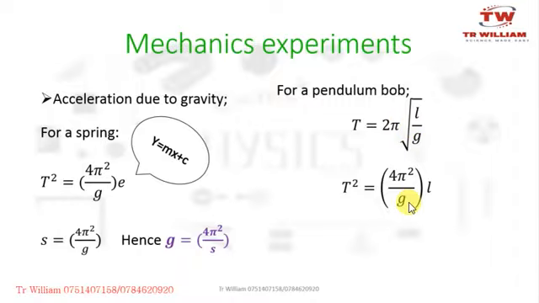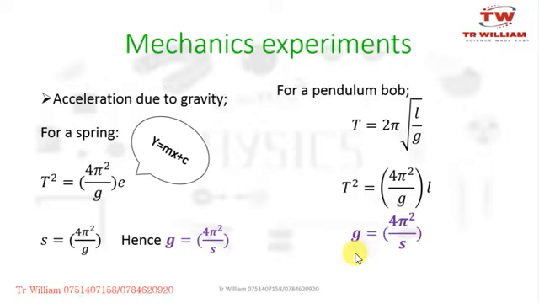So I put g here and I end up with that expression, which is in the form of y equals m x. So the whole of this part here will be the gradient, and therefore one will be able to get the acceleration due to gravity in the same way as you had gotten it this side. So that is how one can carry out an experiment determining acceleration due to gravity using either a spring or a pendulum bob.